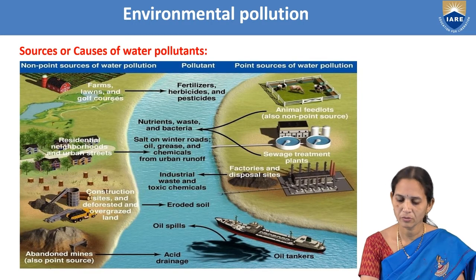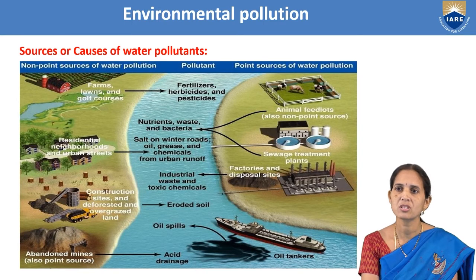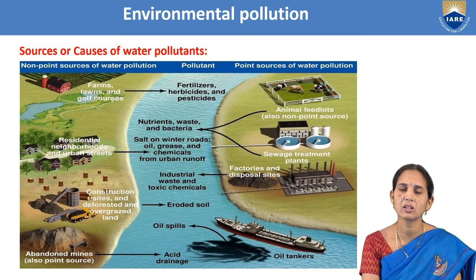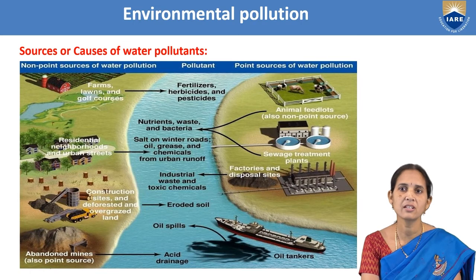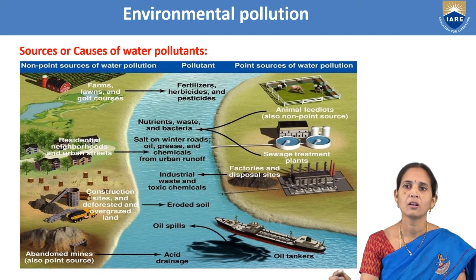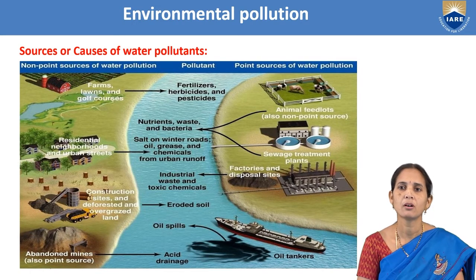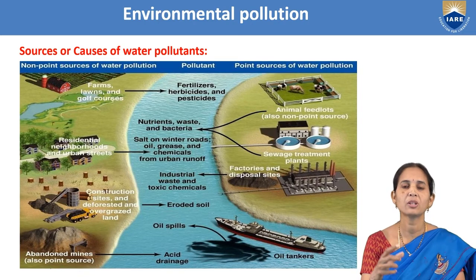So we are taking different examples: industries and houses, and how sewage water is entering into the water bodies. And non-point sources means, as we know already, the agricultural fields, farms, and here we are taking construction sites, and overgrazed land. From those areas also the water is polluted.